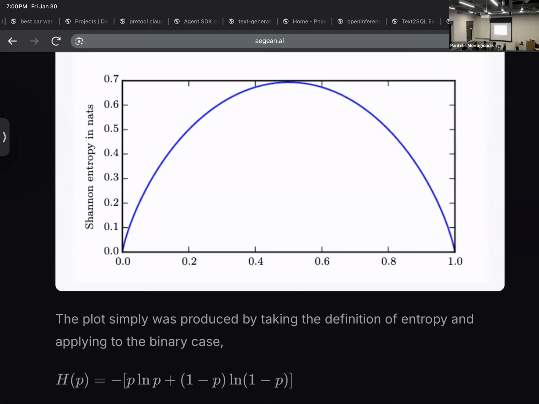100% possible. The same thing happens over here. We live in a world full of heads. And right here, there is a maximum. Why is the maximum at 0.5? Because the outcomes are equally probable.